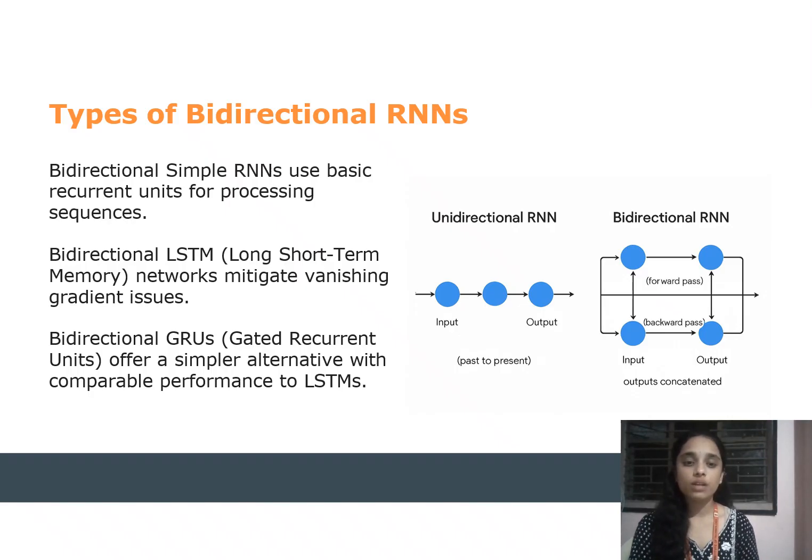Bidirectional GRUs, gated recurrent units, offer a simpler alternative with comparable performance to LSTM. Here we can observe unidirectional RNN and also bidirectional RNN. We can observe input and also output, past to present. Outputs will be concatenated.